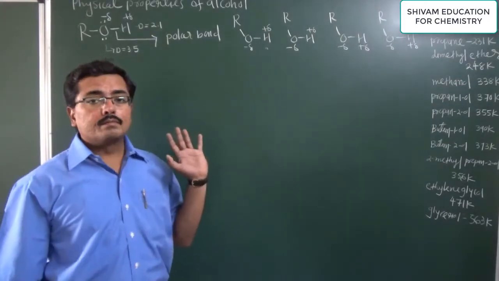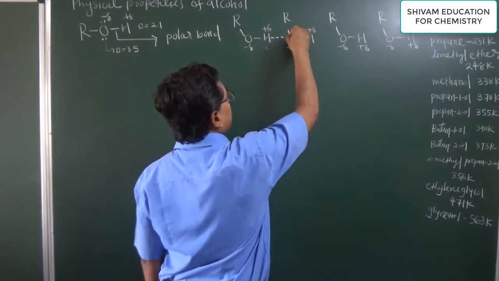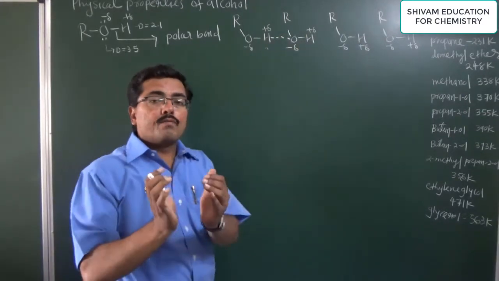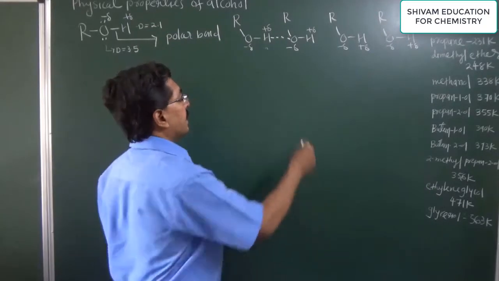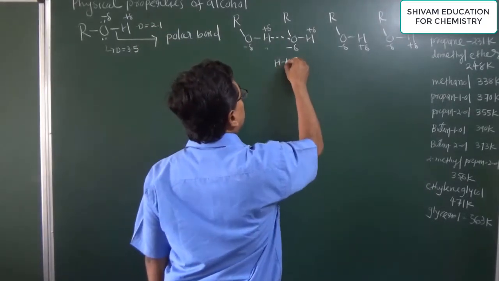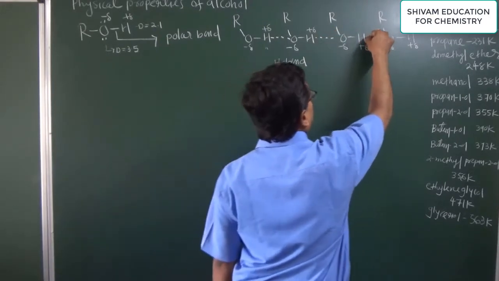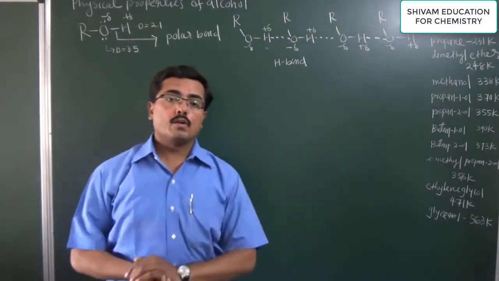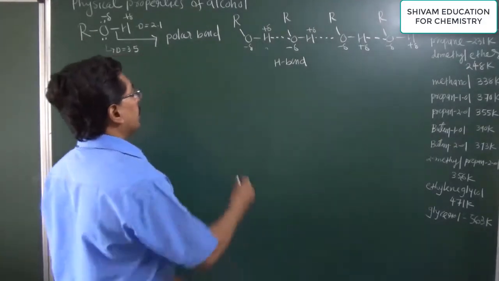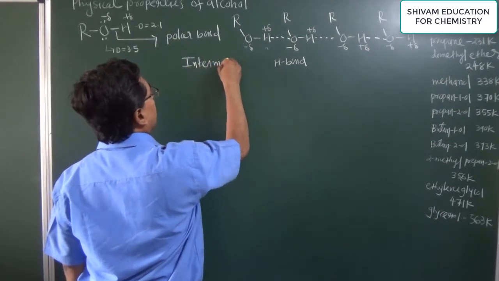So between the positively charged hydrogen and the negatively charged oxygen there is a force of attraction, and this force of attraction is known as a hydrogen bond. This hydrogen bond formation takes place between two different molecules of alcohol, therefore it is known as intermolecular hydrogen bond.